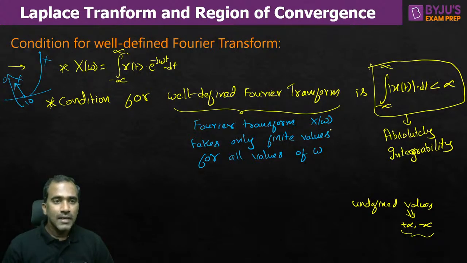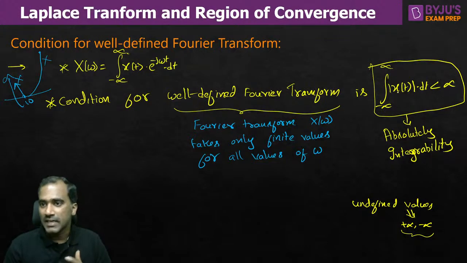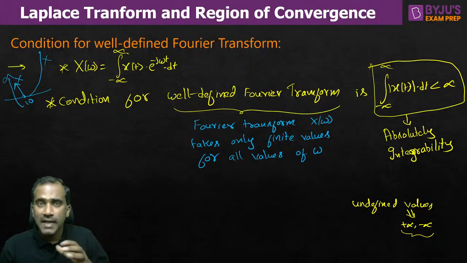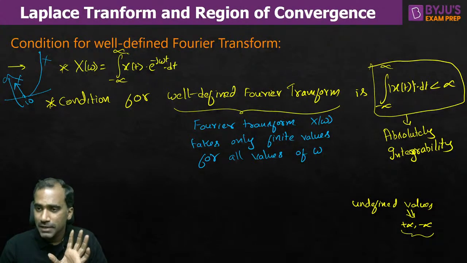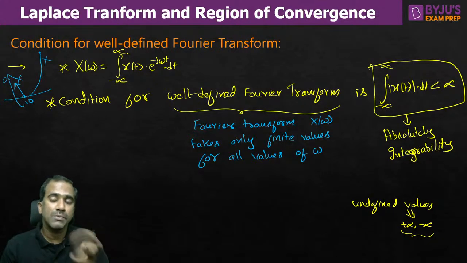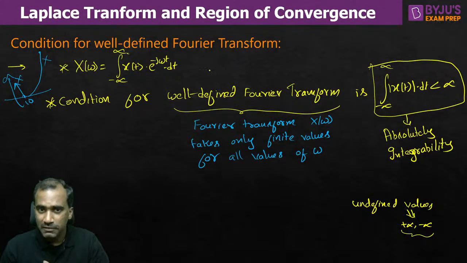Okay, so we've understood the condition for a well-defined Fourier transform. Now I'll give you a commonsensical understanding of why this condition came. Let's assume x of t has only positive amplitudes. Then whether you take the modulus or not, it will be the same signal. Of course, what we have talked about is applicable for all kinds of signals, with positive as well as negative amplitudes, but this is just for understanding's sake.